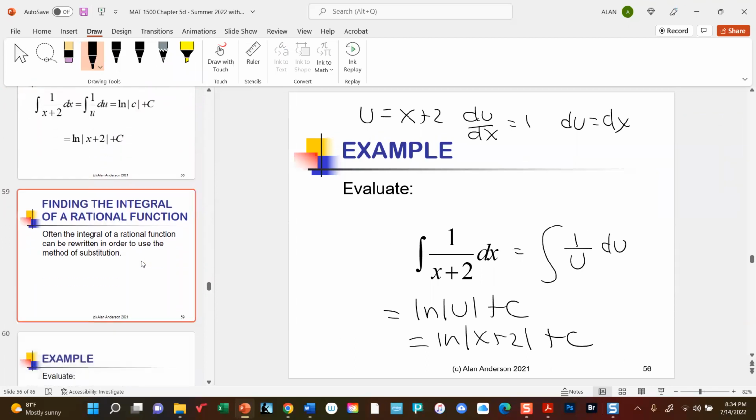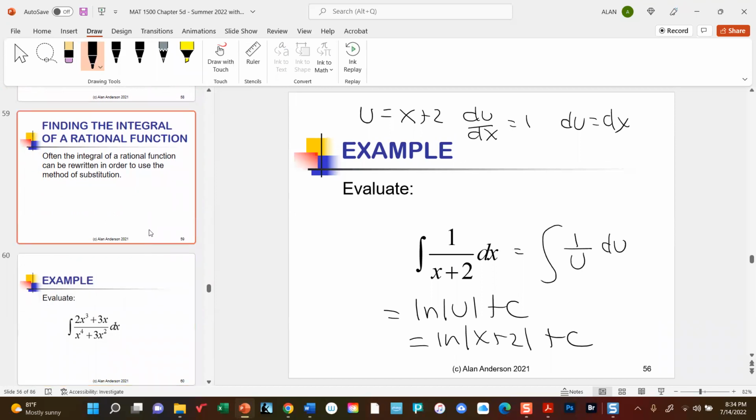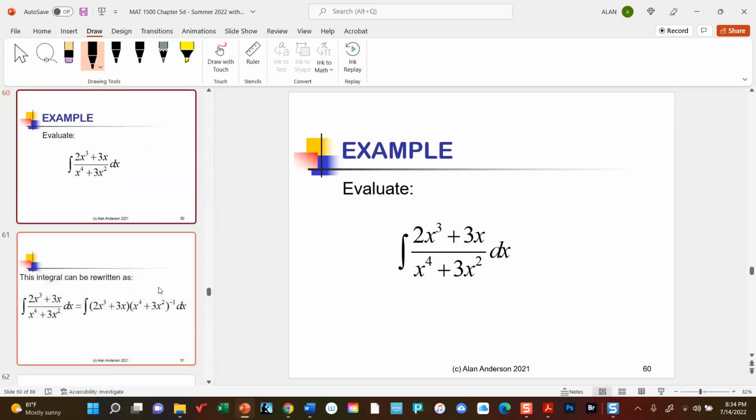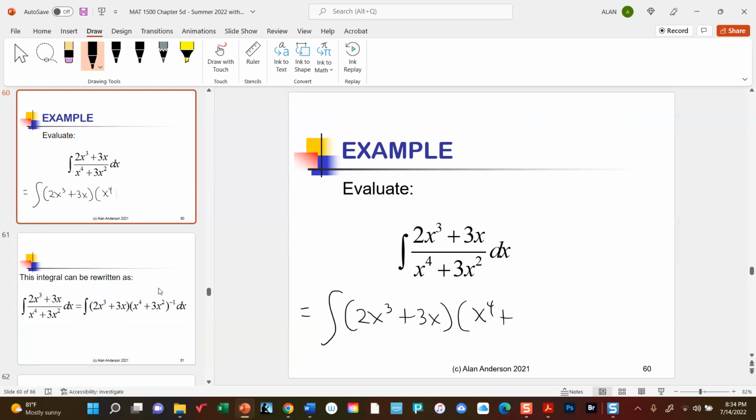Now, next, we're going to turn our attention to rational functions. Let's say we end up with something like this. Oh, no. What are we going to do now? All right. Well, let's try this. So now, because the second term has a higher order than the first term, it's probably worth our while to at least try letting u be x to the 4th plus 3x squared.